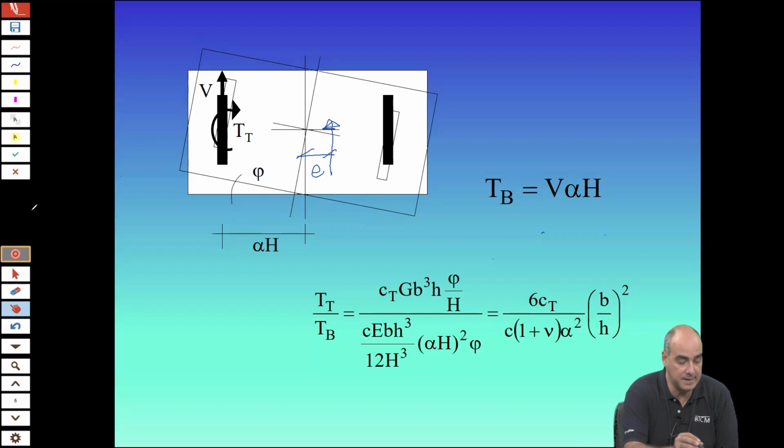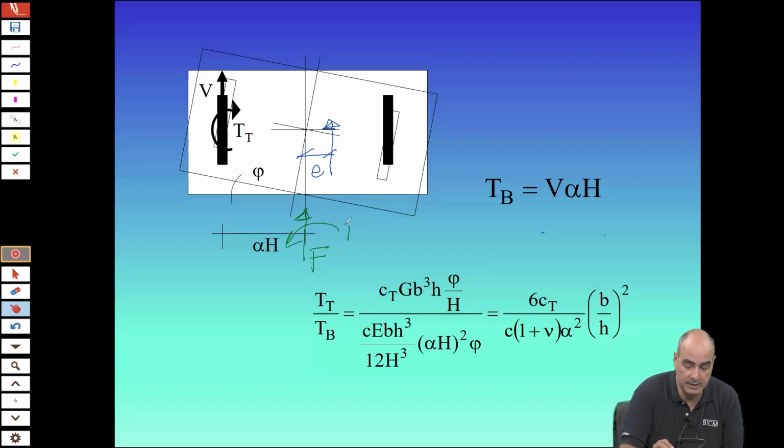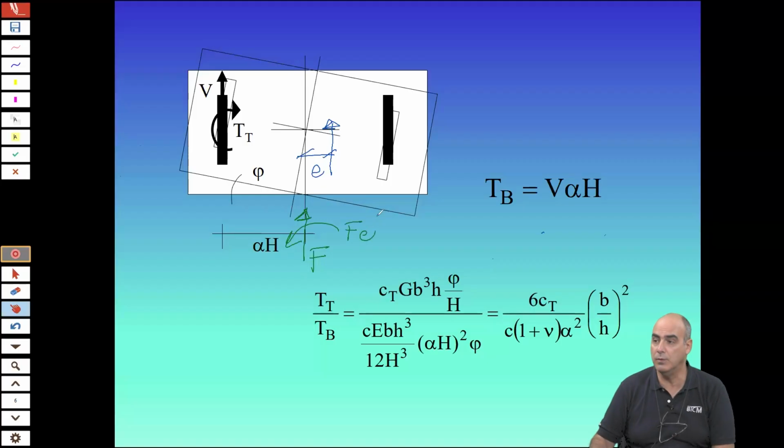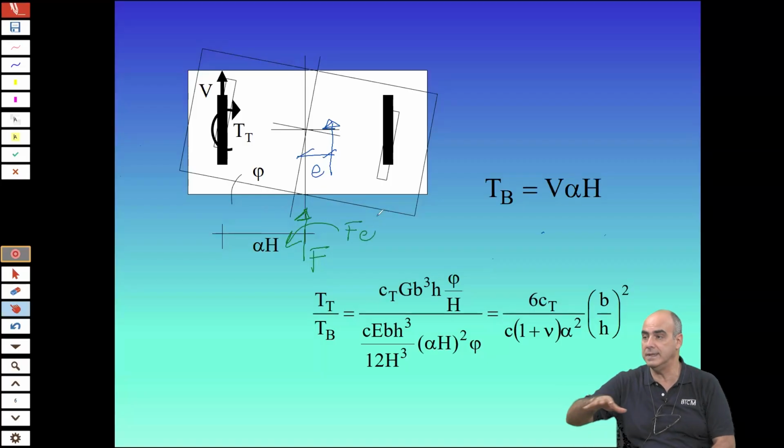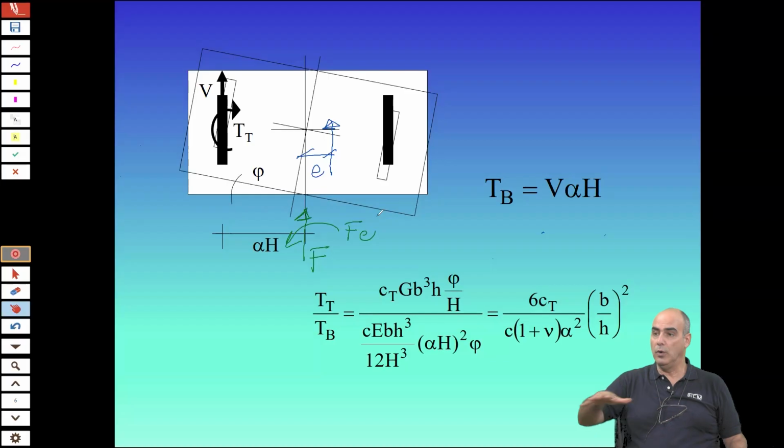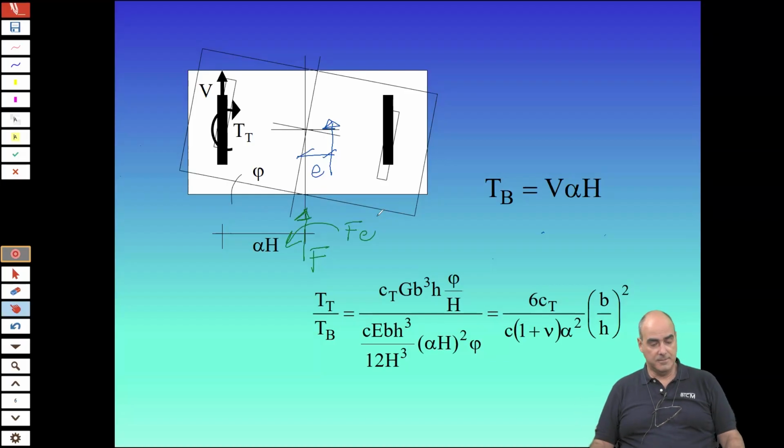So this force is equivalent to a force F in the middle, and a torsion equal to F times E, because if you consider a rigid system, you can always move the forces.